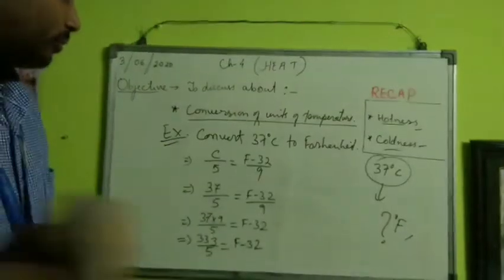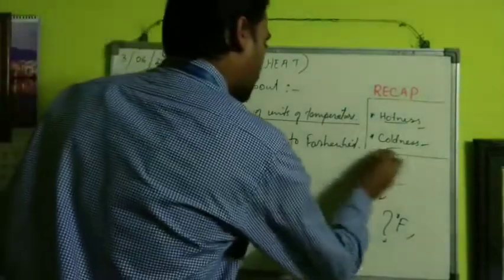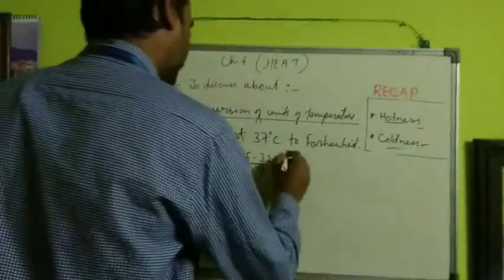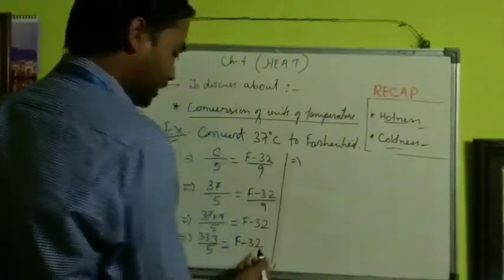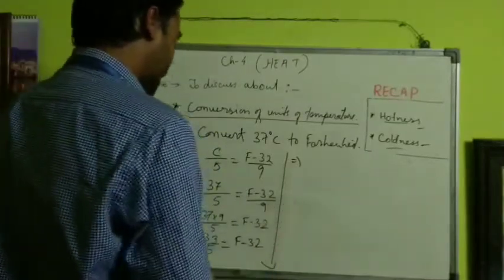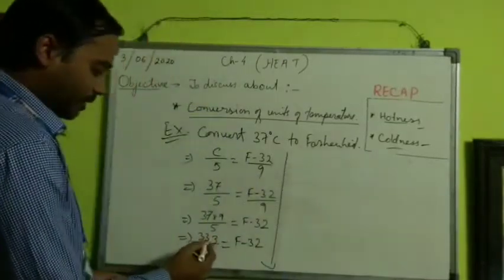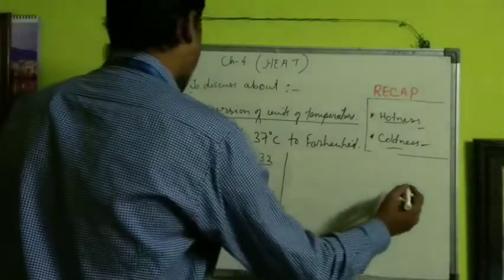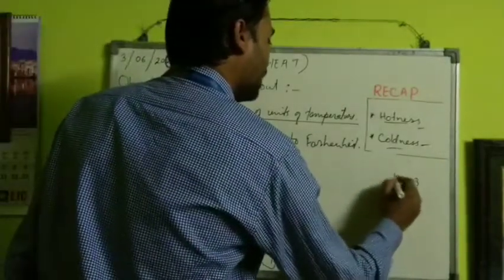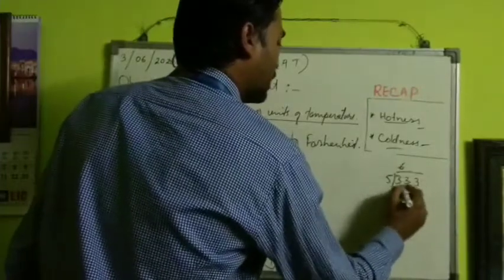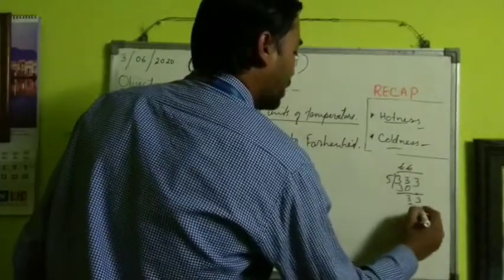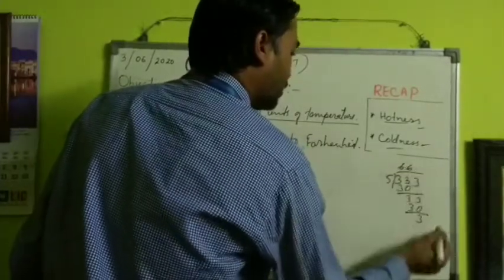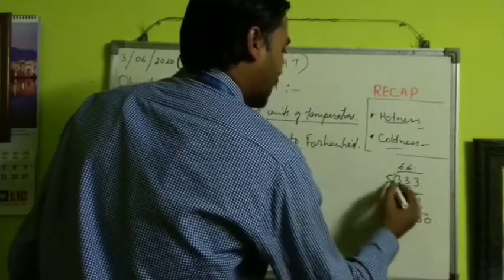Now before taking minus 32 to the right hand side, let's see what we get when we divide 333 by 5. 5 6 is 30, 3 will come down, and this 3 will also come down, so again 5 6 is 30, so we get 66.6.